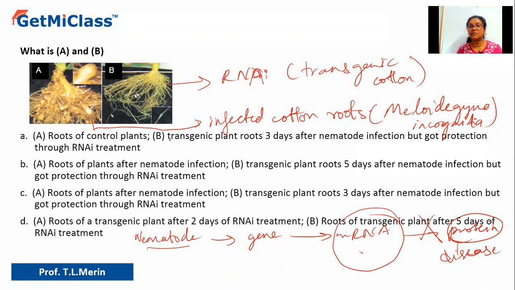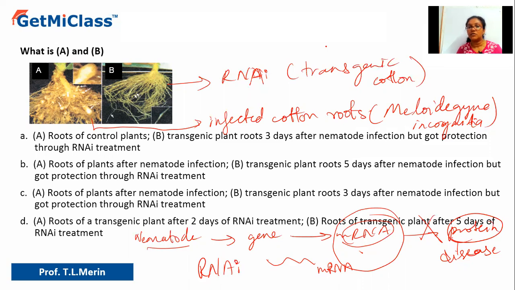Inside the plant cells, we have introduced the gene for the complementary mRNA of the nematode protein. This is what is called the RNAi method, or interference mRNA.